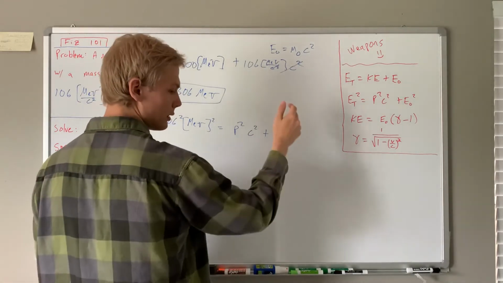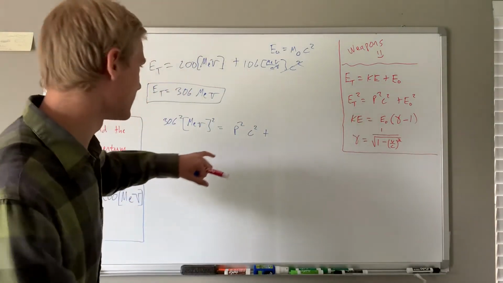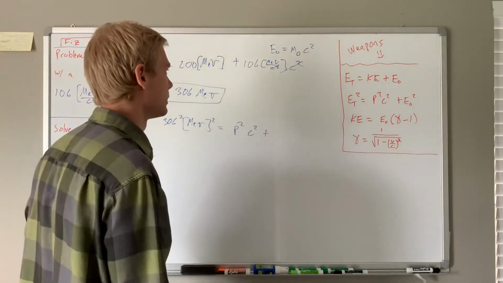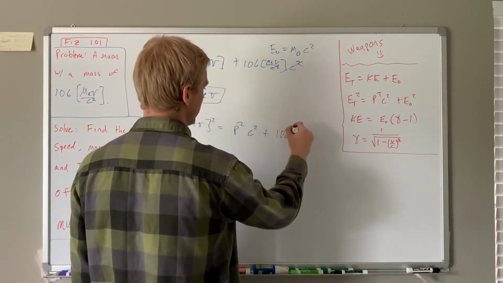In that case, the rest energy is the rest mass times c squared, which we know is 106. And I have to square it.